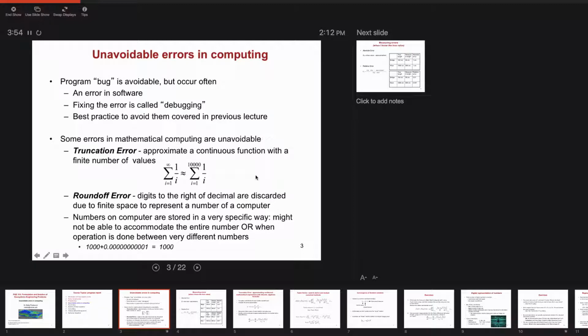This is an infinite sum. And in reality, I'm going to go to 10,000 or so and then stop, okay? And therefore, whatever I chopped off from 10,001 onward is the error I made in this process. That's called truncation error. Okay? So an infinite or continuous formula in mathematics has simply been truncated.